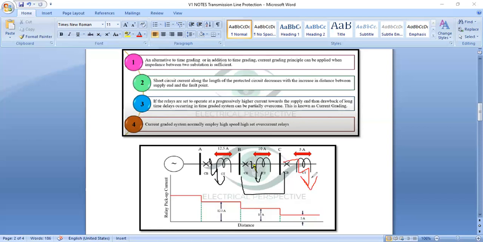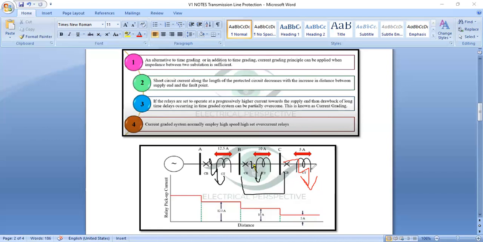Here you can see the relay setting. It is 12.5 ampere for A, then for B, 10 ampere, and for C, it is 5 ampere, and so on. So here the current setting decreases progressively from the supply end to the load end, that means the remote end of the line.